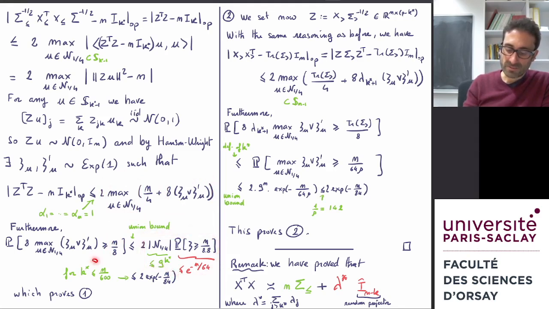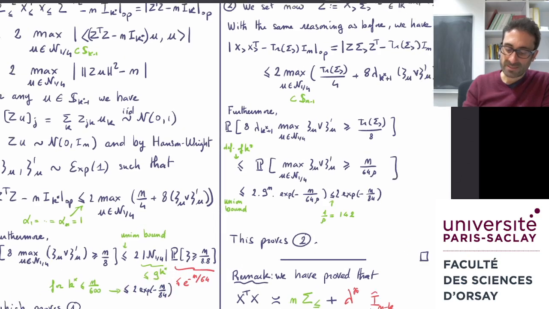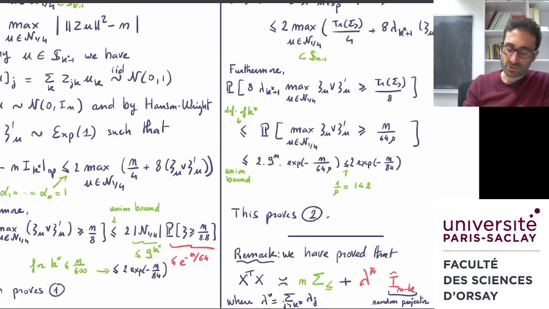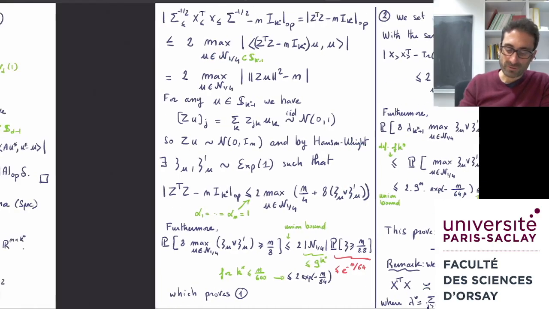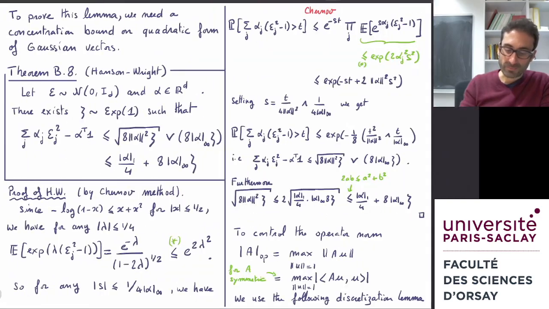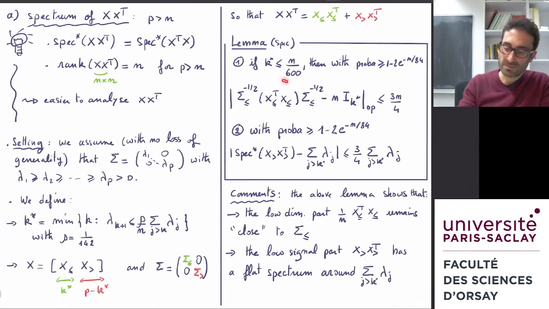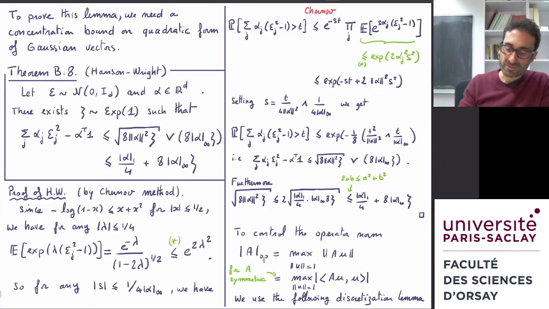And now by using the fact that k star is small compared to n, we can go further and obtain this upper bound, where it is smaller than exponential of minus n over 84. So this proves the first part of the theorem. Why does it prove this part?